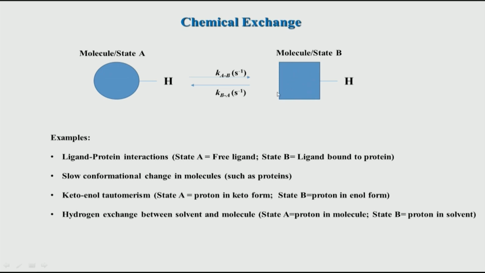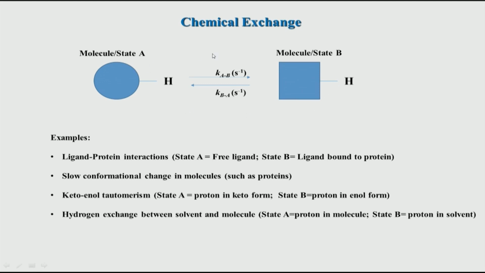Suppose this square is a solvent here. So, the hydrogen atom from the solute goes and attaches to the solvent. So, that is a different molecule now. It is sitting on the solvent, here it was sitting on the solute. So, this hydrogen atom therefore experiences an exchange or an interchange between the molecule and the solvent.